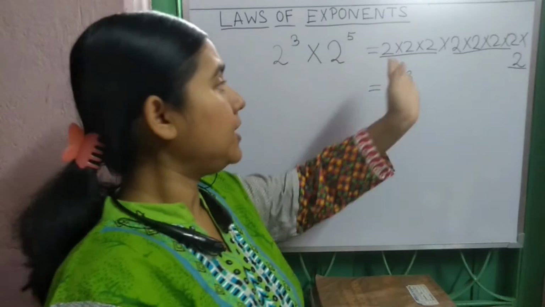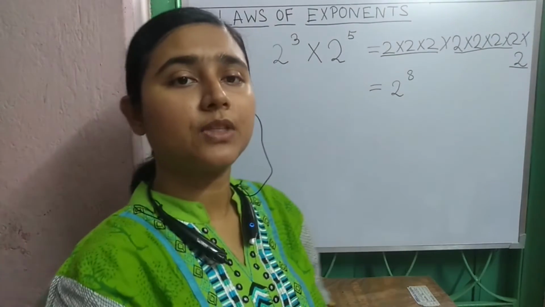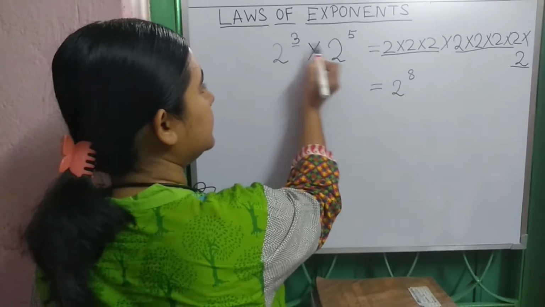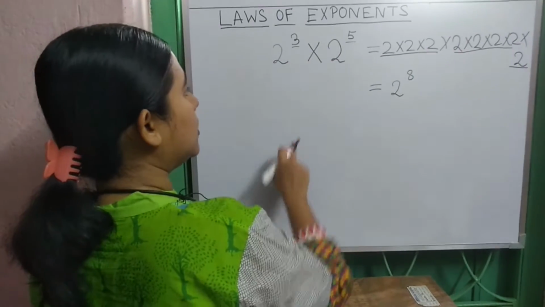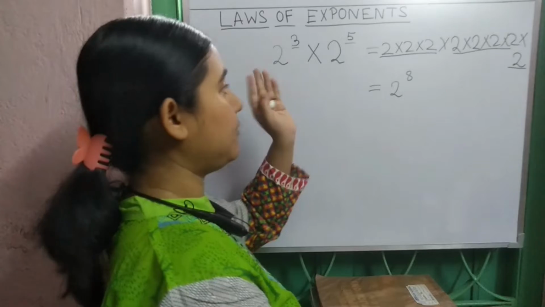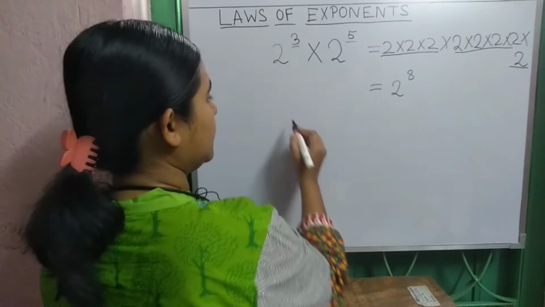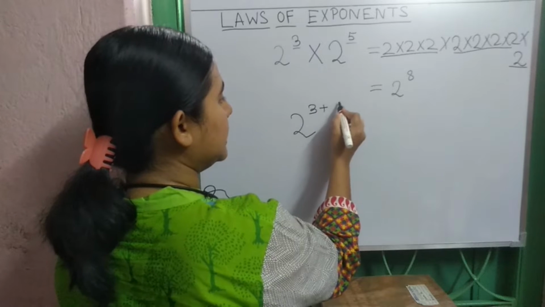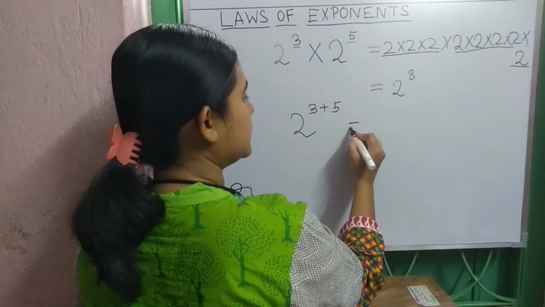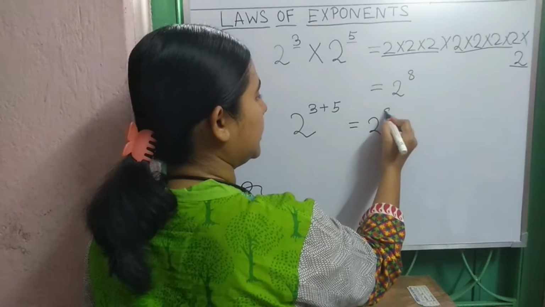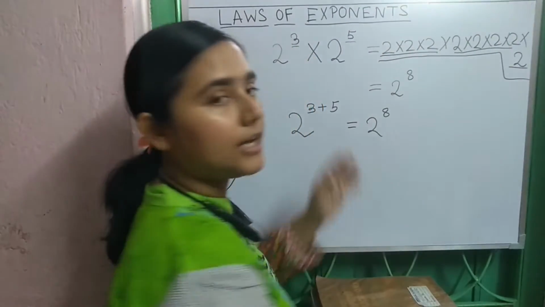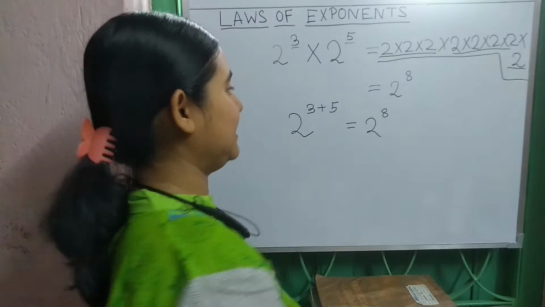But we can skip this step. We can easily do this by adding 3 and 5. So from the next time, if I give you a question like this, you can do it like 2 to the power 3 plus 5, which is equal to 2 to the power 8. So this step you don't have to write.